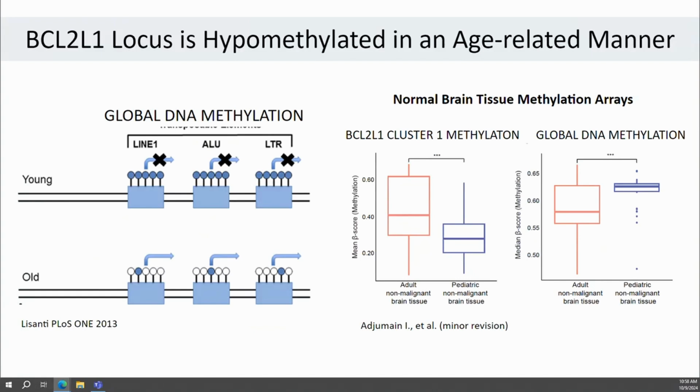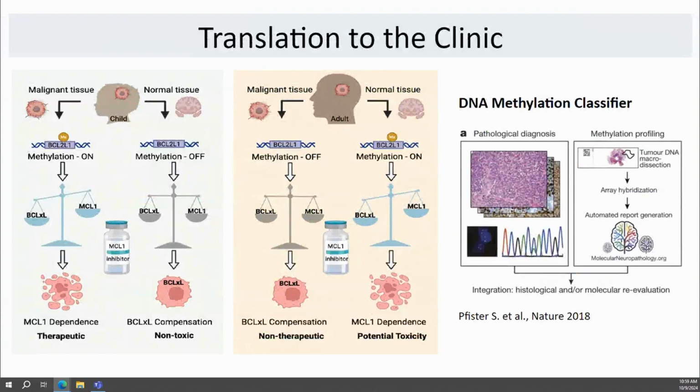But strikingly, what we found, looking at least across normal brain tissue methylation rates, and we haven't been able to do this extensively in other tissues, but at least in brain, is that the BCL2L1 cluster methylation is actually lower in the non-malignant pediatric brain compared to adult. And that's in contrast with global DNA methylation, which is increased. So we think, at least from a biomarker perspective, we might have a good therapeutic window.